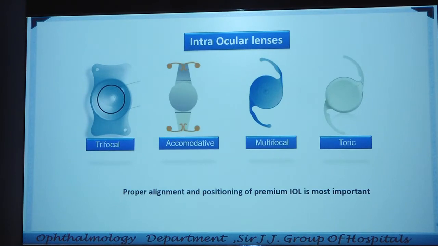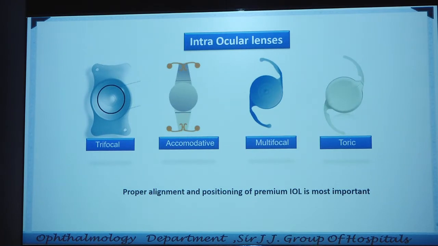Then the intraocular lenses: trifocal, accommodative, multifocal, toric. Can you use these? Yes. Why not? See, lenses are not incision dependent. Lenses are required for the different type of vision in that patient. It is not related to your incision.